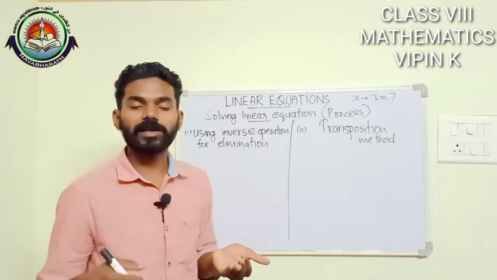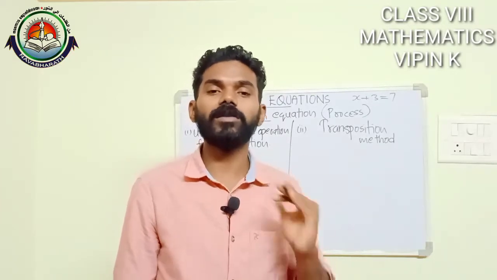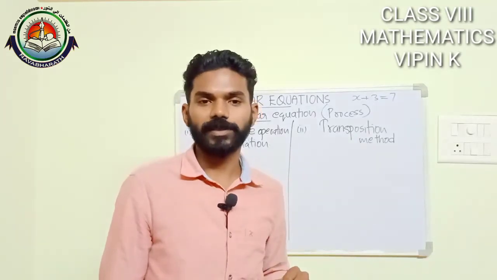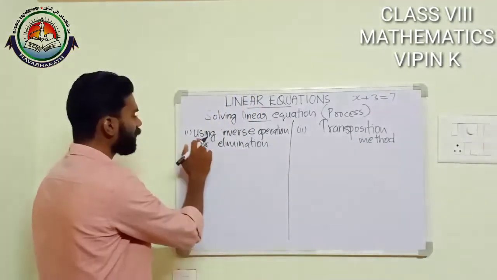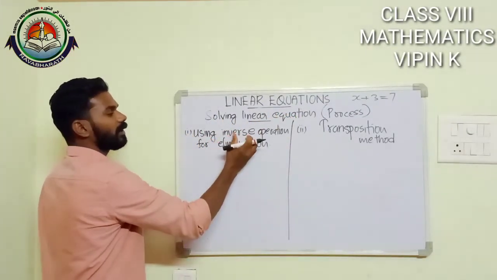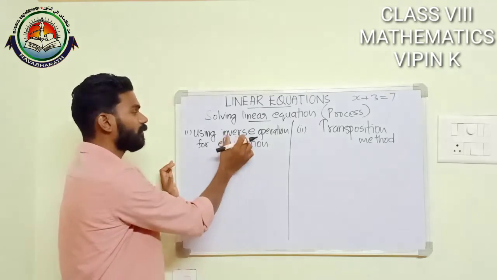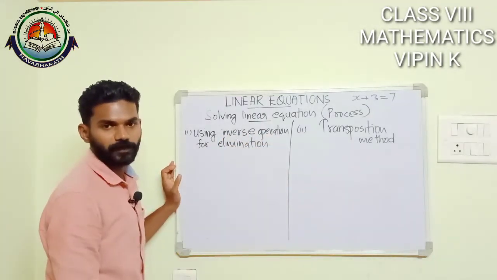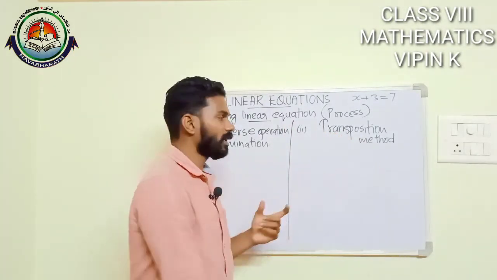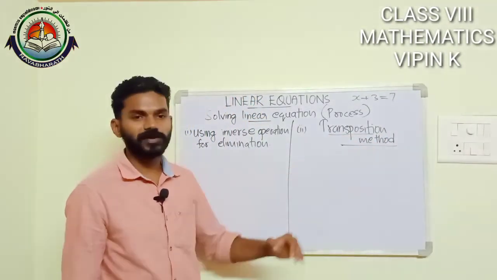And usually there are two methods by which we can solve a linear equation and find the value of the alphabet. Those methods are, one, solving a linear equation using inverse operation for elimination. And the other method, which is the simplest and easiest one, is the transposition method.